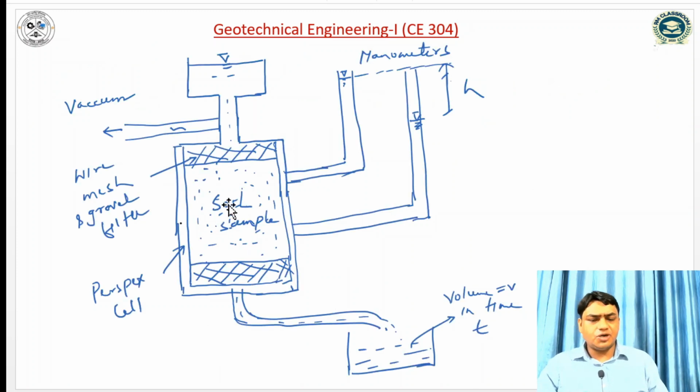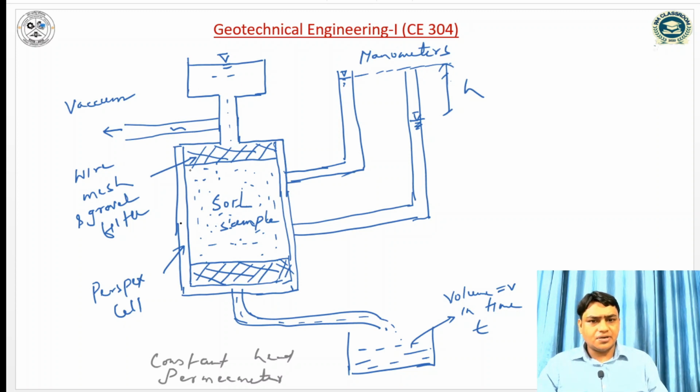So this is the arrangement of the constant head permeameter. This is the soil sample, and two porous stones are placed in the perspex cell on the top and the bottom, and this is the water chamber.